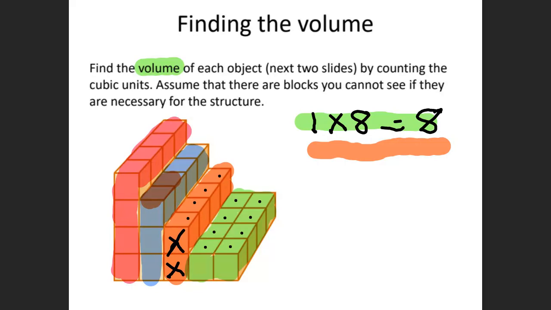There are 4 boxes, a top of 4 boxes. I can't create without the bottom layer. So this is 2 layers times 4 boxes, which gives me 8.